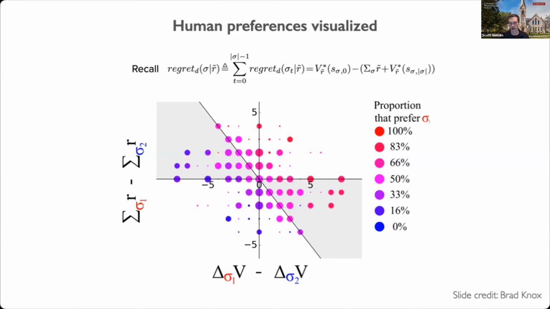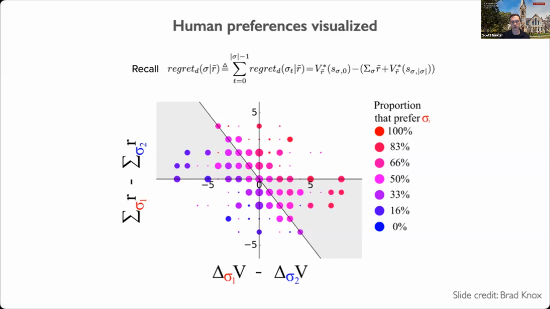Red is preferring trajectory 1, blue is preferring trajectory 2. The y-axis can be thought of as the difference in partial return between the trajectories. And the upward diagonal axis can be thought of as the difference in regret between the trajectories. The x-axis isn't as important. The x-axis is essentially the difference in quality between the start state and the end state of the trajectories.